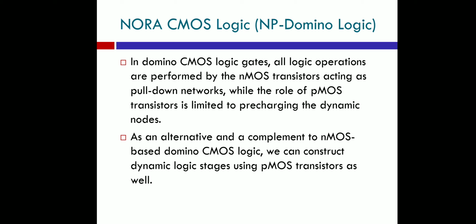In NMOS domino CMOS logic gates, all the logic operations are performed by NMOS transistors acting as pull-down networks, while the role of PMOS transistors is limited to pre-charging the dynamic nodes. As an alternative and a complement to the NMOS-based domino CMOS logic, we can construct dynamic logic stages using PMOS transistors as well.